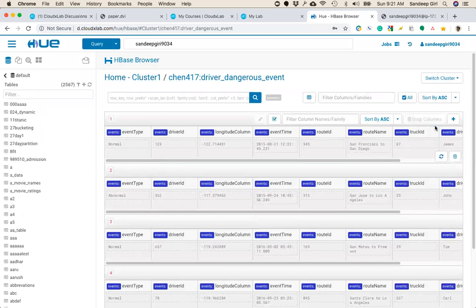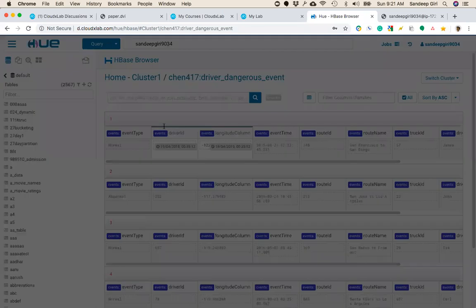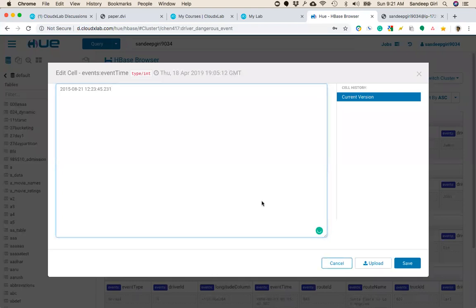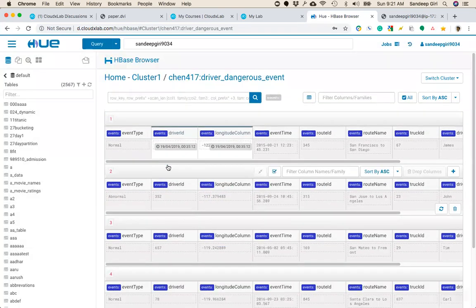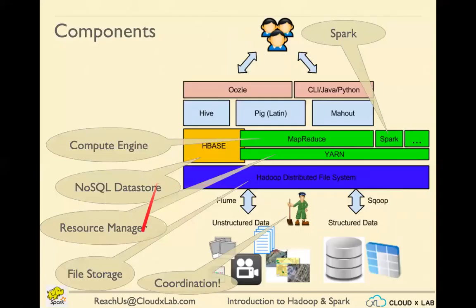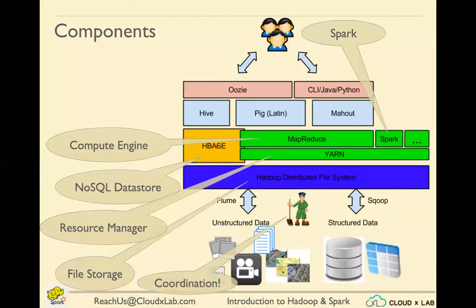Okay, so this is HBase, in which you can edit these values, and so on. So the data is in the form of a table, roughly a table. We will learn about HBase in more detail when you go through the HBase chapter.